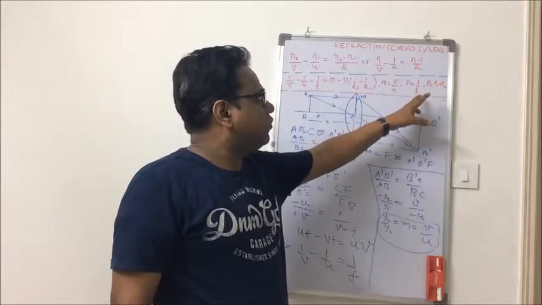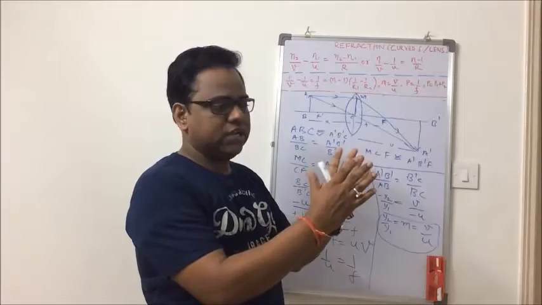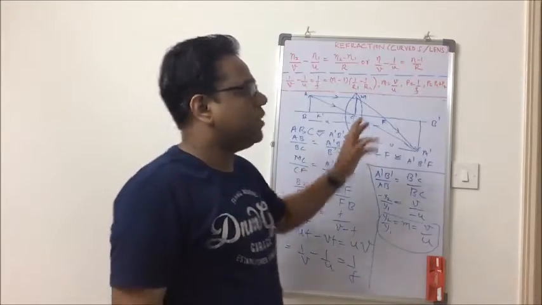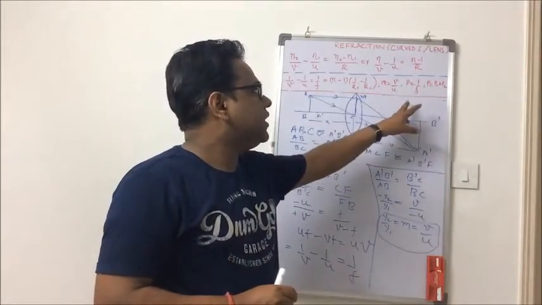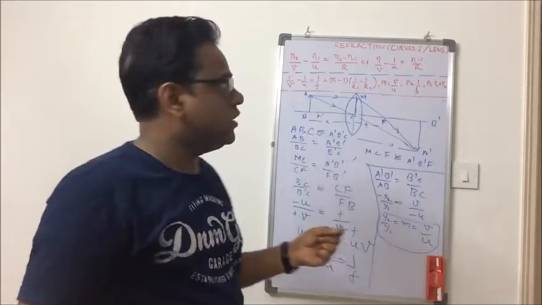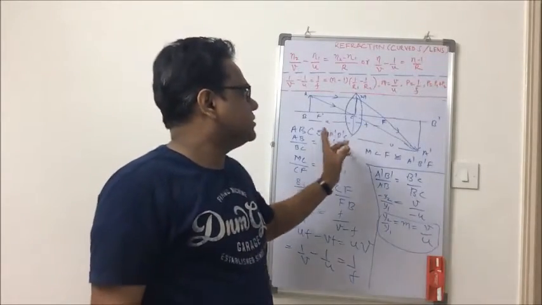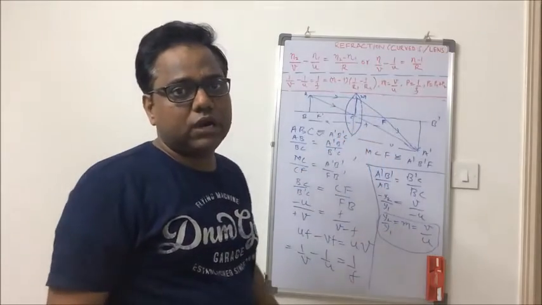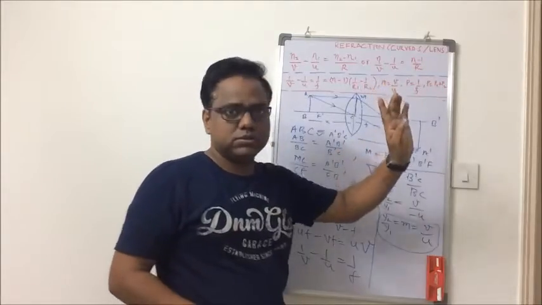What we need to know: if you put two lenses together, joining each other, and they are thin lenses, then the power of the combined lenses would be P equal to P1 plus P2. And we need to put the sign. F for a convex lens is positive because the primary focal point is here, and F for a concave lens is negative, and the same sign applies for power also.